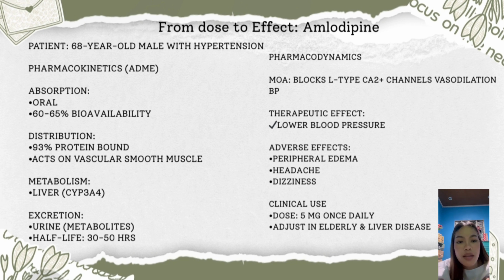By blocking L-type calcium channels, it reduces vascular resistance and lowers blood pressure. Understanding pharmacokinetics and pharmacodynamics allows us to individualize therapy, especially in elderly patients with comorbidities. This shows how proper dosing leads from drug administration to clinical benefits.